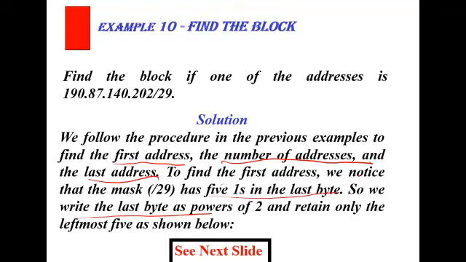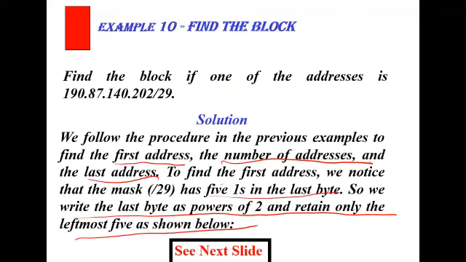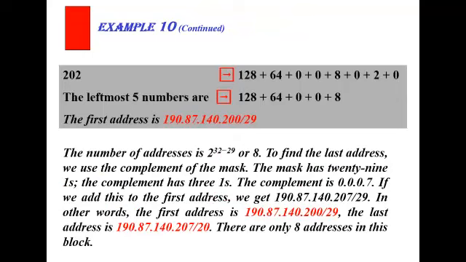So we write the last byte as the power of 2 and retain only the leftmost 5 bits shown below. This can also be a method if we convert 202. Now you can see that 202 is the last part. If we write it down like this, then the leftmost 5 bits are this. So if we convert it into binary, it becomes 200. Okay, so this will be your first address, or you can choose any method which we have learned previously.